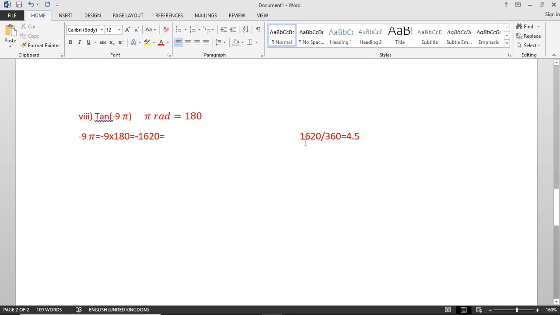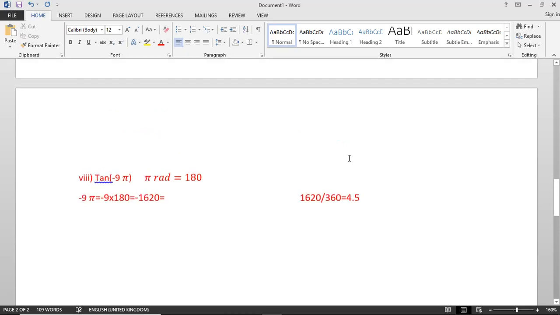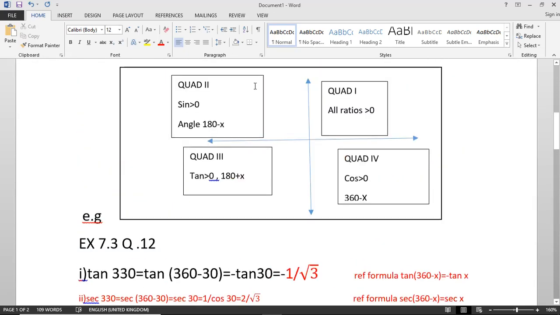So we have to notice that the angle for minus 9 pi will take 4.5 revolutions in the clockwise direction. I just want to show you 4.5 revolutions.